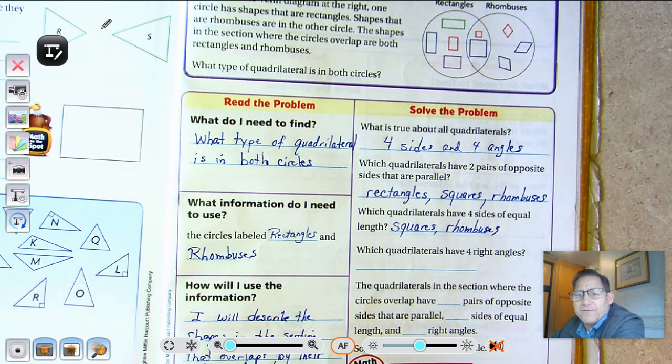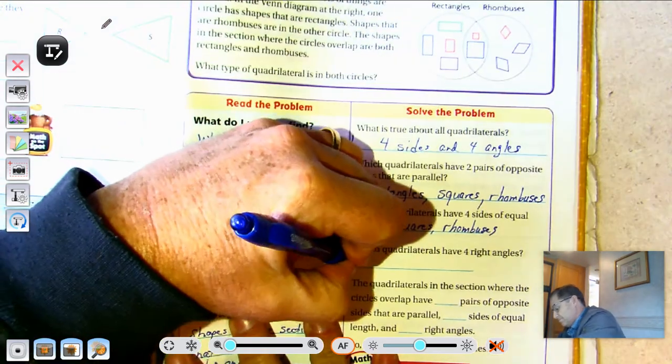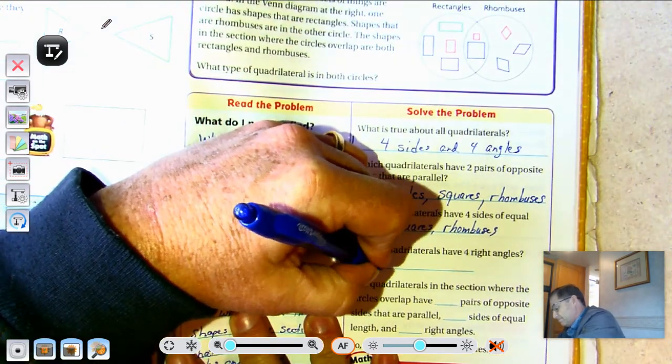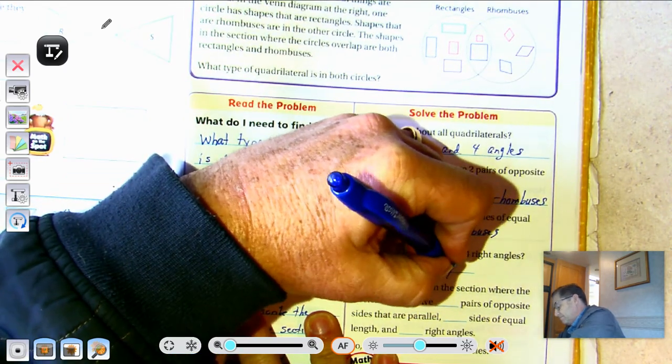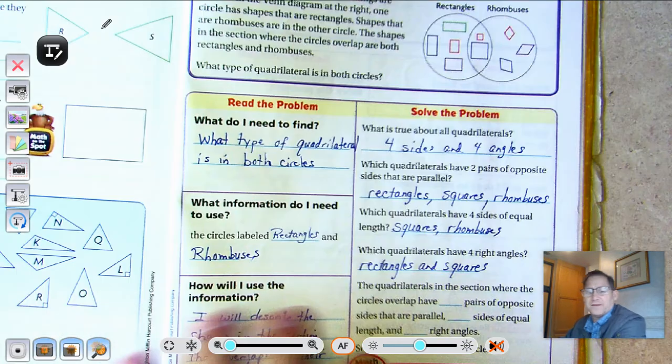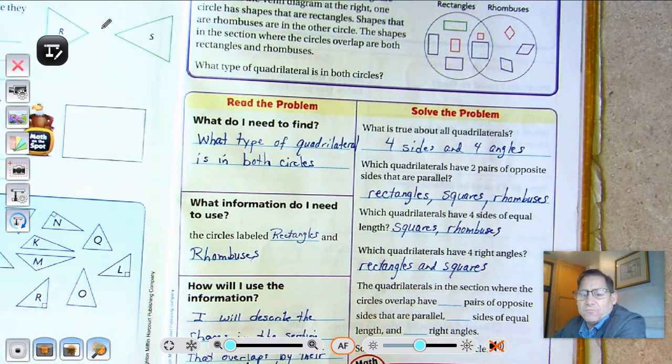Which quadrilaterals have right angles? Well, rectangles do, and squares have to. Why didn't I put rhombuses? Well, because I can be a rhombus without having four right angles. All a rhombus has to do is have four equal sides.